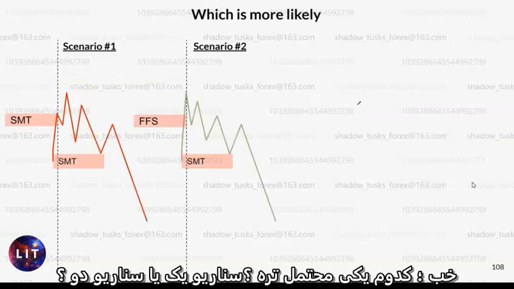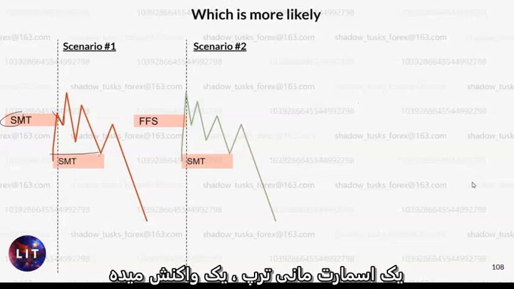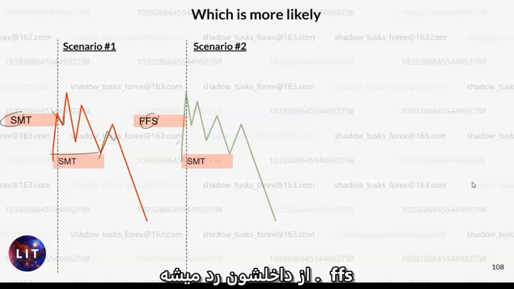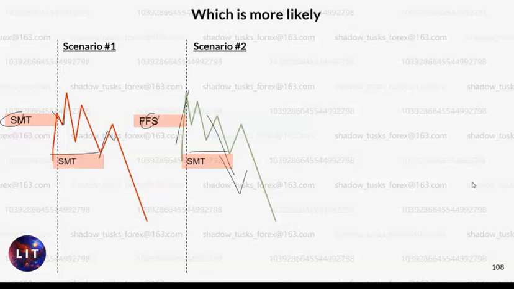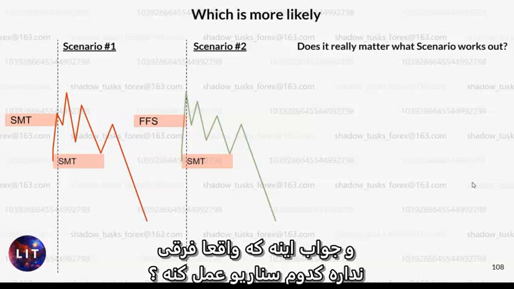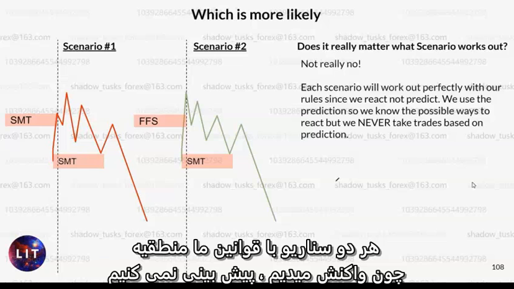So which is more likely though? Scenario 1 or scenario 2? If you see a smart money trap gives a slight reaction, or an FFS goes straight through it. So what's the difference? The answer is, it doesn't really matter what scenario works out, because each scenario will work out perfectly with our rules: react, not predict.